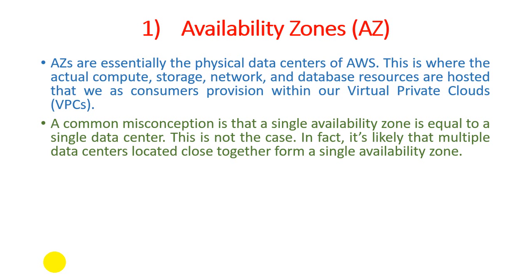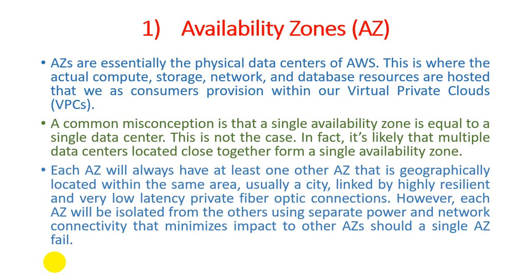In fact, it's likely that multiple data centers located close together form a single availability zone. So if we discuss any availability zone, it is a collection of servers, not a single center. When we talk about the availability zone as a component, it does not mean there is only one server or one data center. The combination of many centers or many servers is what we call an AZ, or availability zone.